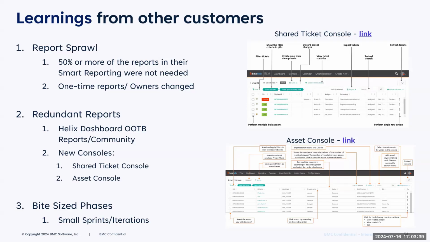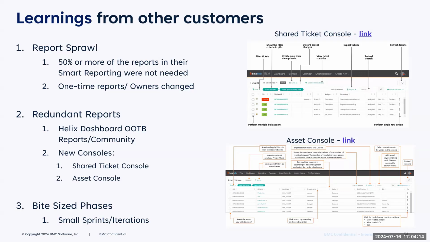The next important one is the new consoles, the ticket console and asset console that are available with the product now. Very commonly, a lot of people have reports which are essentially listing out tickets or asset data in a simple tabular format, a few columns of just listed data, and that's being referred to for different planning reasons.